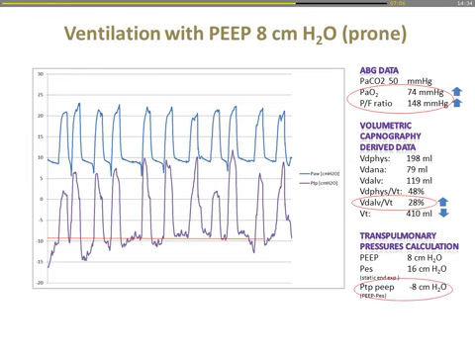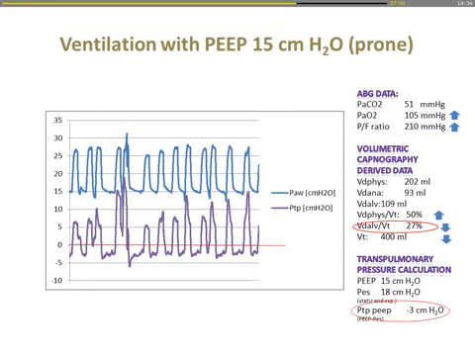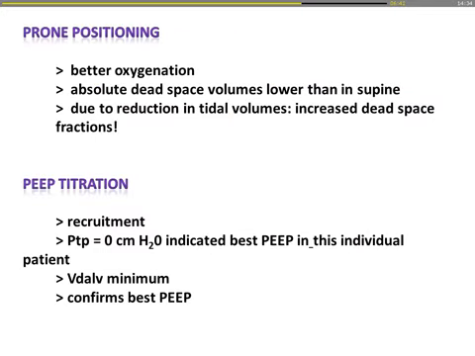So with PEEP 15, this ended up in the lowest alveolar dead space tidal volume ratio, and ended up finally with a transpulmonary pressure of -3, still negative, and at the same time with the best PaO2, CO2 answer.